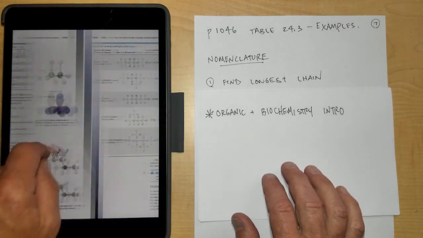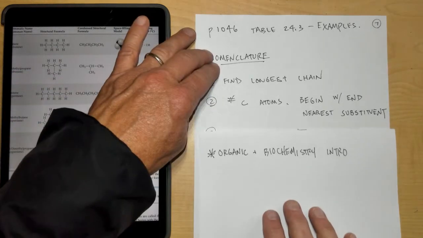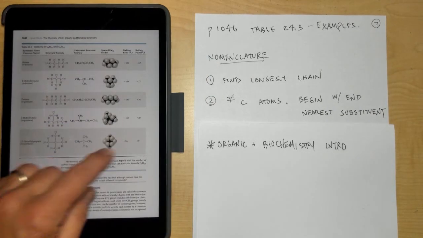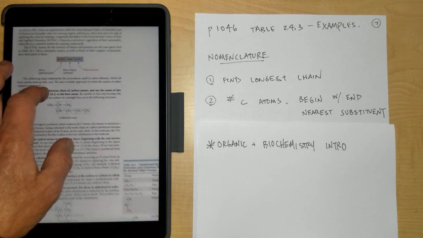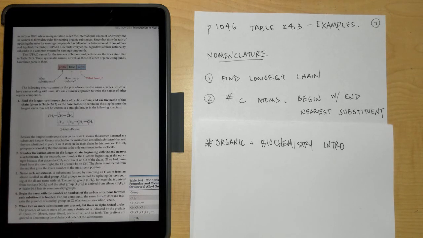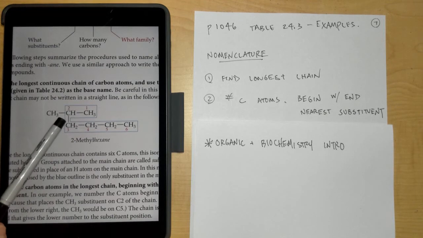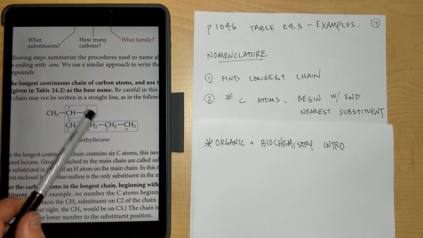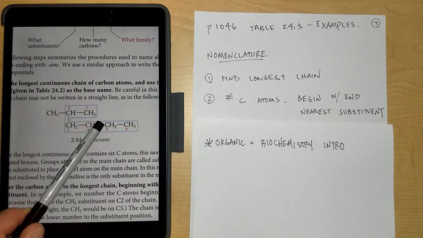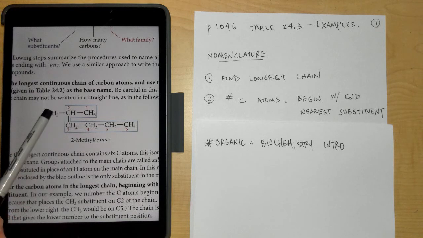The second step in doing this is to number the carbon atoms beginning with the end nearest a substituent group. So for example, this one in your textbook right here, the longest chain is 1, 2, 3, 4, 5, 6, because there's a substituent group right here called methyl that's coming off of the second carbon.